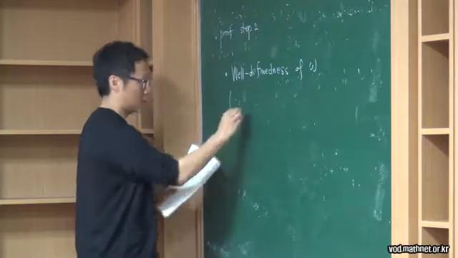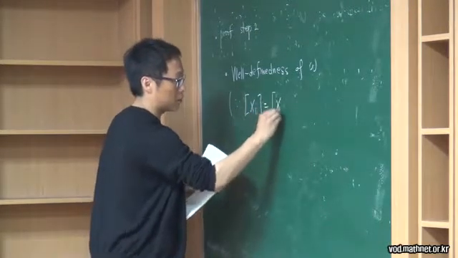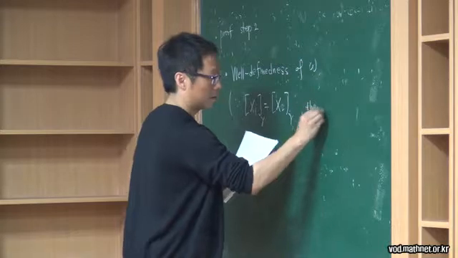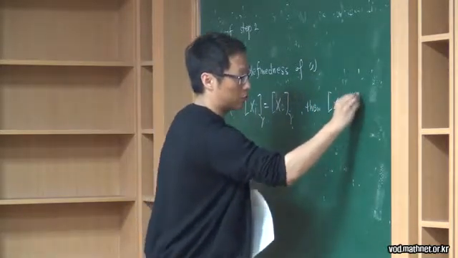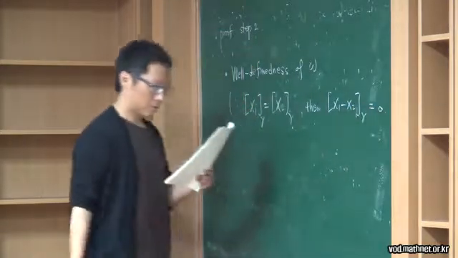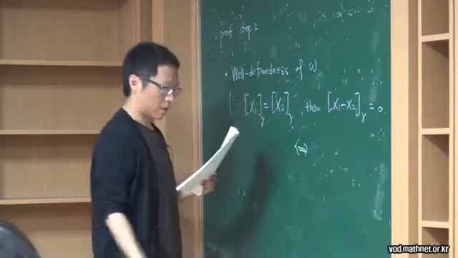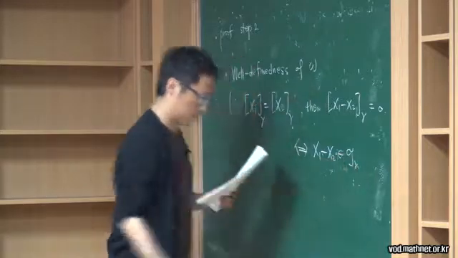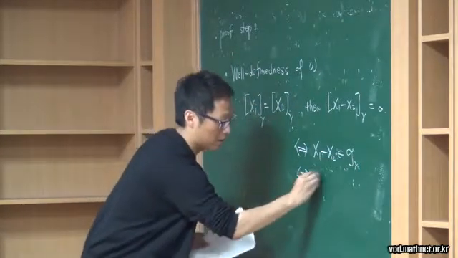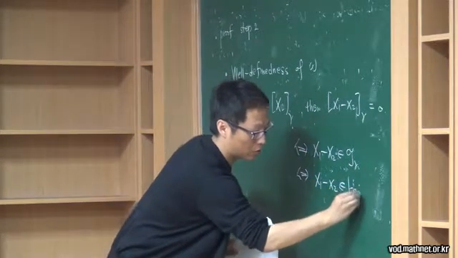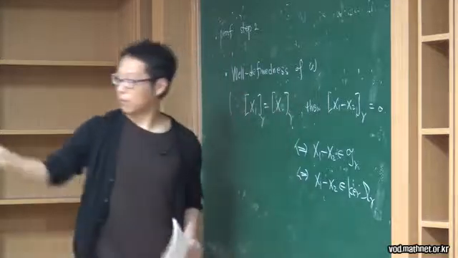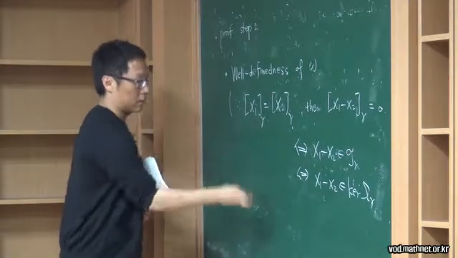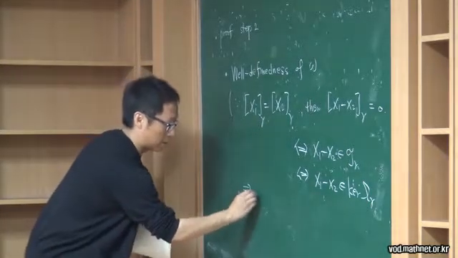To do this, if two Lie algebra elements represent the same element, which means that X1 minus X2 at gamma is 0, which is equivalent to saying that X1 minus X2 fixes gamma, which means that X1 minus X2 is in the kernel of omega gamma by our previous explanation. So it implies the well-definedness.